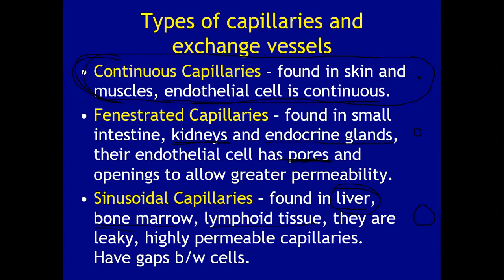The bone marrow: what does the bone marrow make for us? That's right, we learned that in the blood. Erythrocytes, leukocytes, platelets, all those things. So we need these big gaps here. In lymphoid tissue, this is where we're going to allow the white blood cells to crawl out and come to rest at a location. So these are really moving things that are very large.